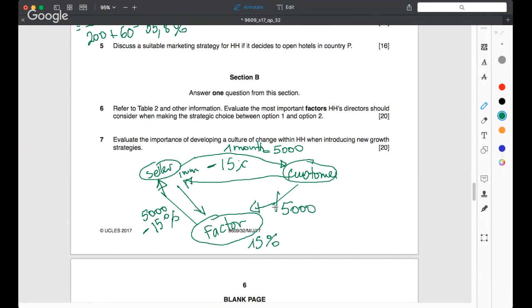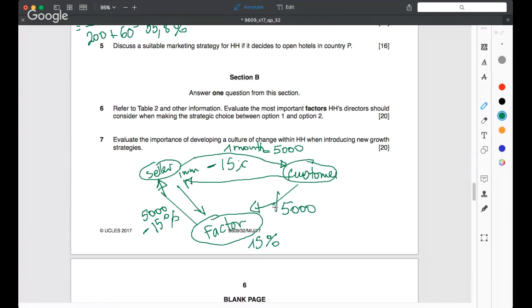Now, refer to table 2 and other information. Evaluate the most important factors HH directors should consider when making the strategic choice between option 1 and option 2. Option 1 is here and option 2 is here.